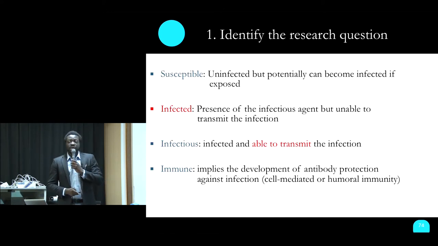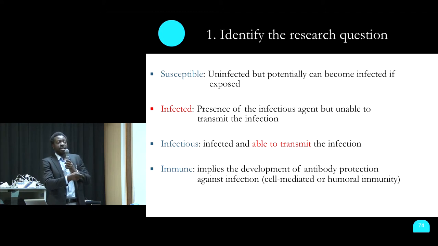So this is just for you to remember again. Susceptible is someone who's not infected, but who can potentially be infected if he's exposed, if he's in contact with someone who is infectious. Infected is someone who has the infectious agents, but he cannot transmit the infection to other people.